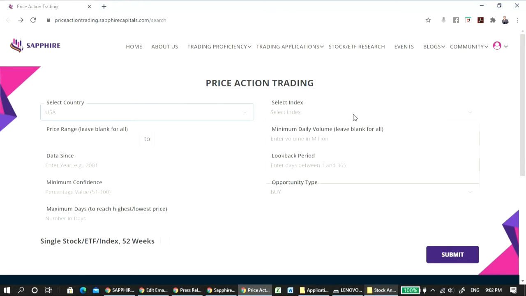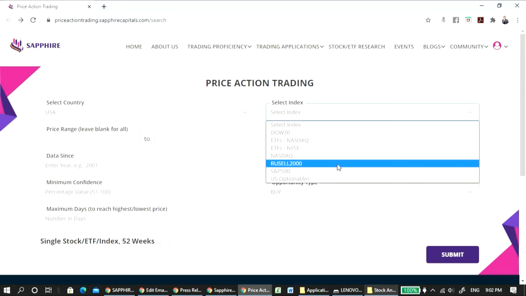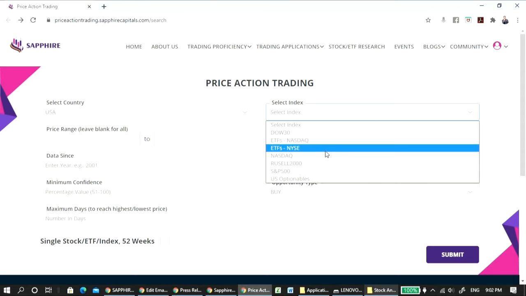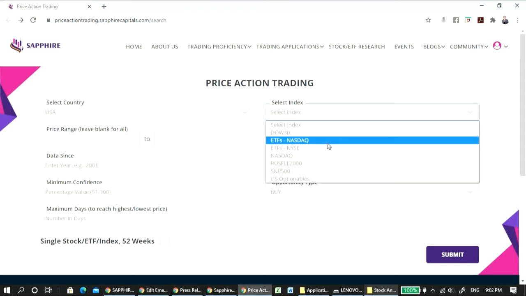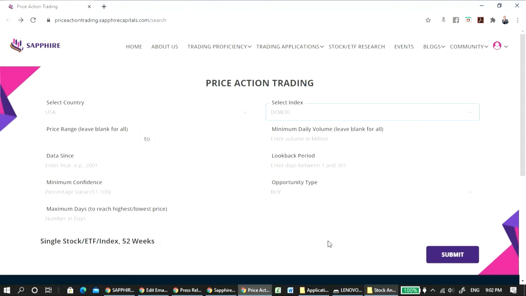So in select index, you can see there are various types of indexes listed here: Dow 30, Russell 2000, S&P 500, and a couple of others. These are not indexes but a list of ETFs that's available for your analysis as well. But for the purpose of this tutorial, I'm going to pick Dow 30, which is a 30 stock index of USA. So these are two compulsory inputs.